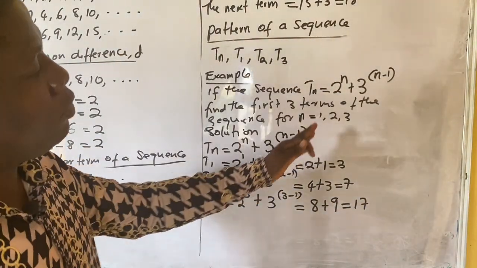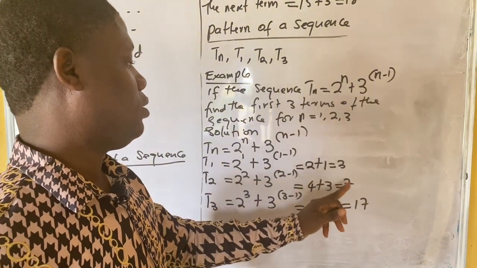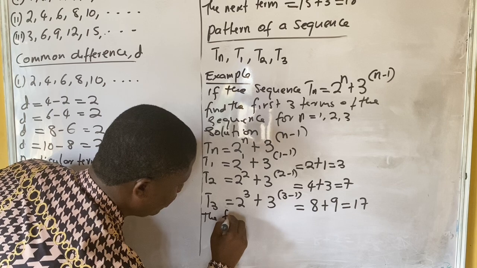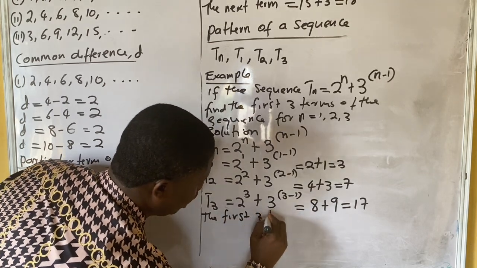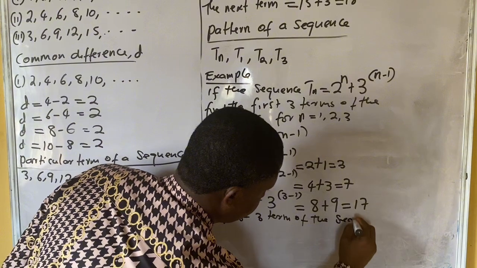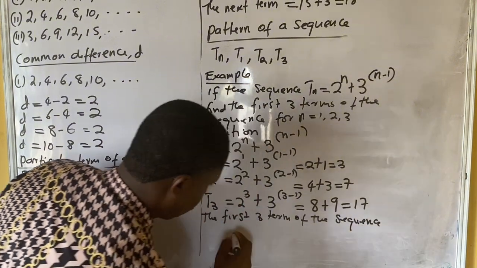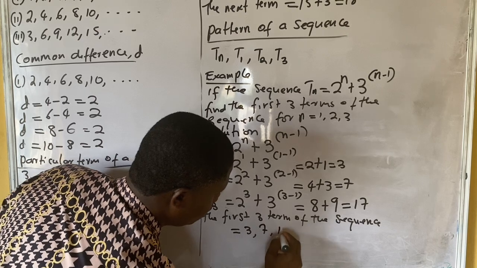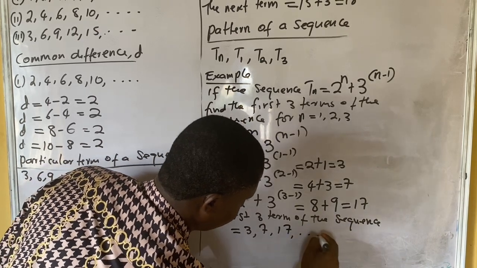The first 3 terms of this sequence are 3, 7, and 17, and it goes on.